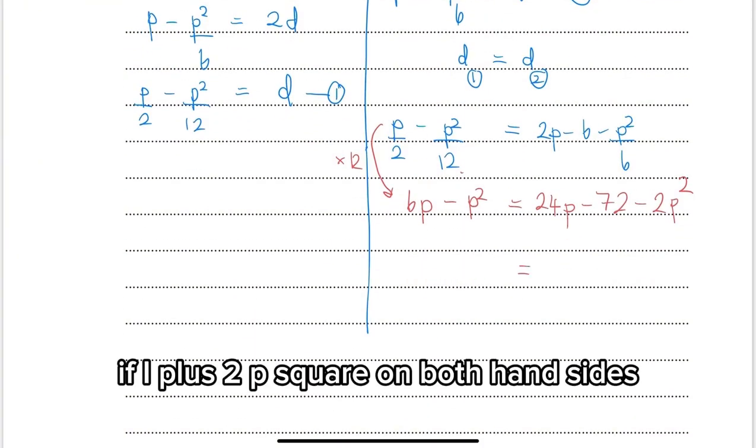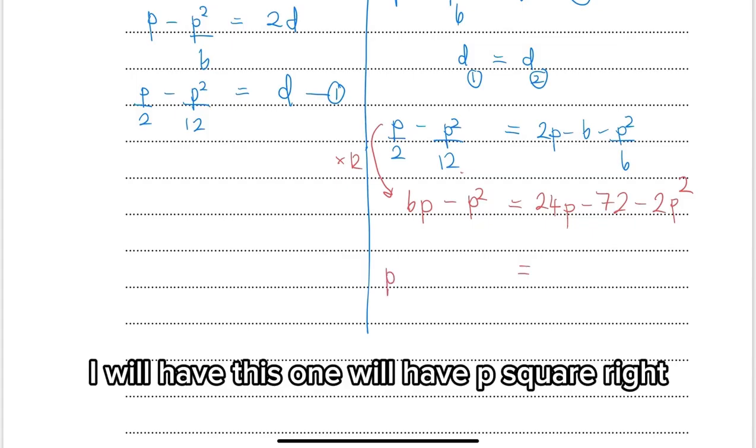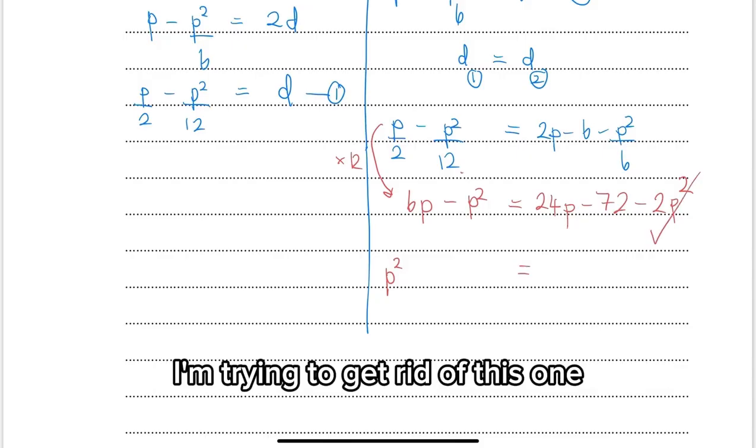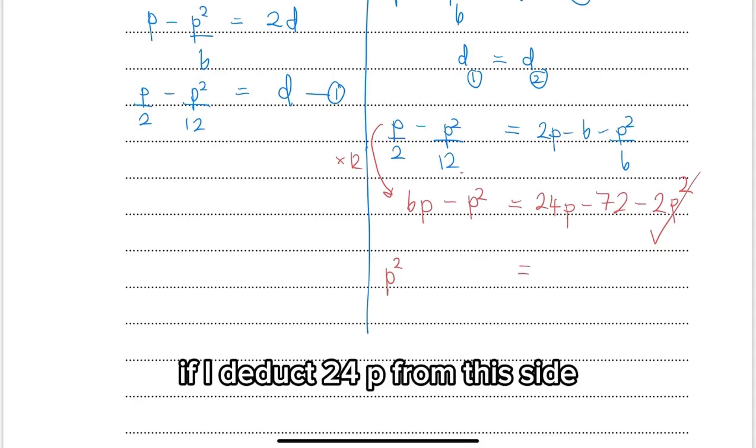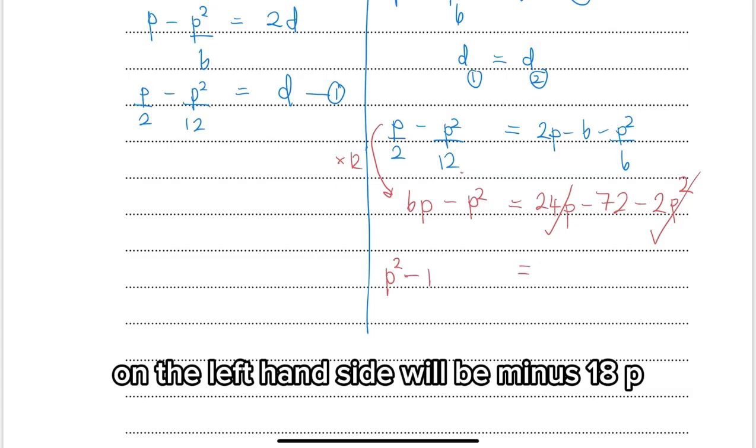If I add 2p squared on both hand sides, this one will have p squared, right? I'm trying to get rid of this one. And if I deduct 24p from this side, on the left hand side will be minus 18p.